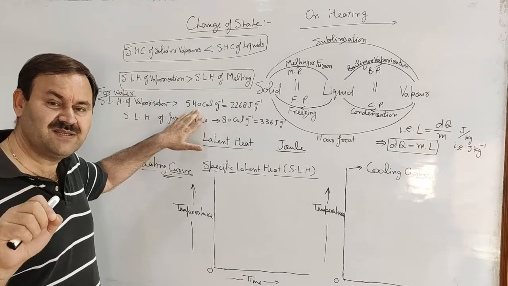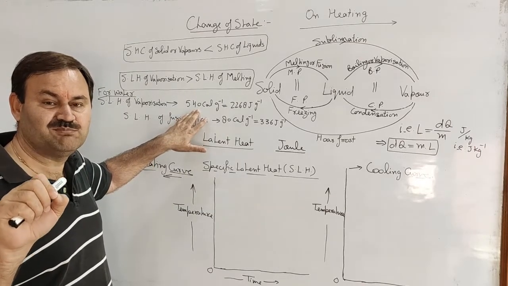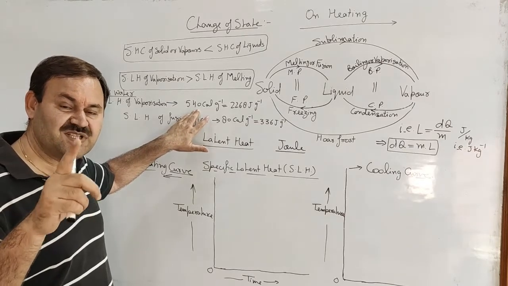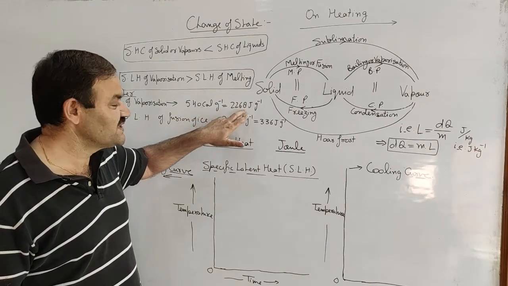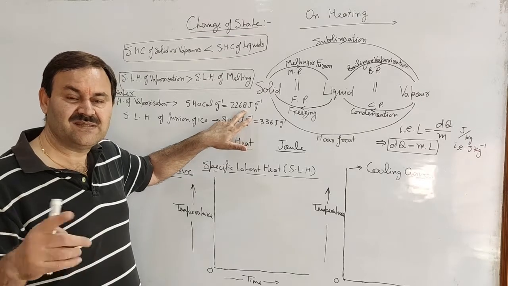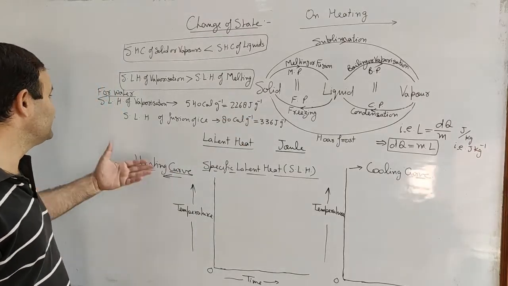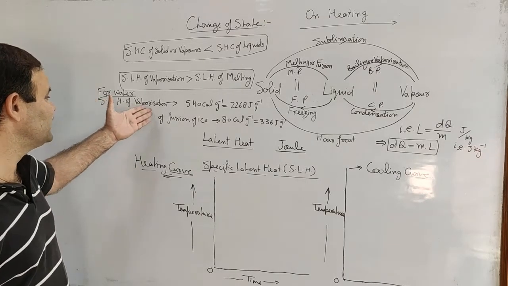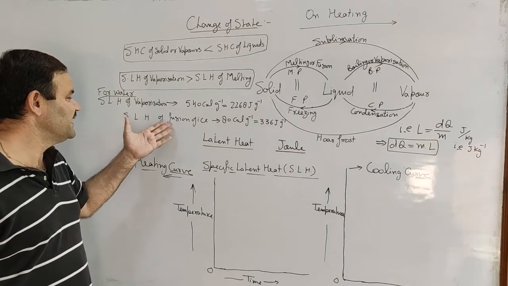Also, burns caused by steam will be more severe than burns caused by boiling water, because every gram of steam on condensation will provide 2268 joule of extra heat than the boiling water. So these are a few effects of high specific latent heat of vaporization and high specific latent heat of fusion of ice.